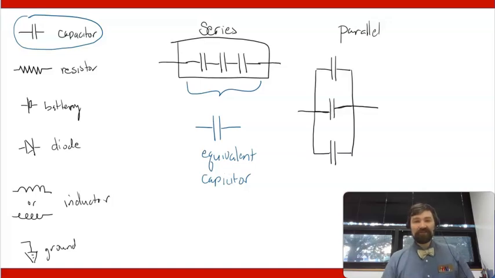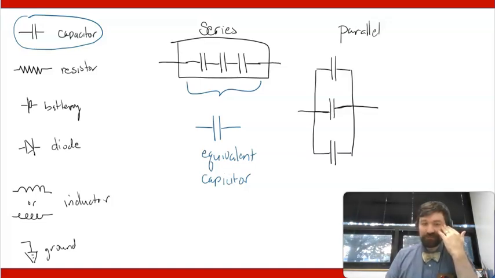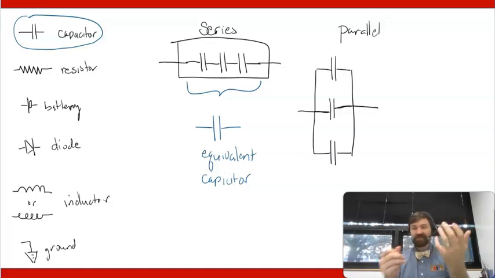But we can connect the box to something else like a battery or a resistor or what have you. As a result of connecting it, it'll draw some current off the battery. It may have a total voltage drop, may store some total charge, that kind of thing. So my equivalent capacitor would be, if I don't know what's inside the box, I could take a single capacitor and replace the box with that capacitor, and it has to behave the same as this box that I don't know what's in.